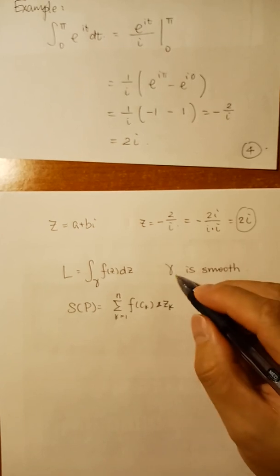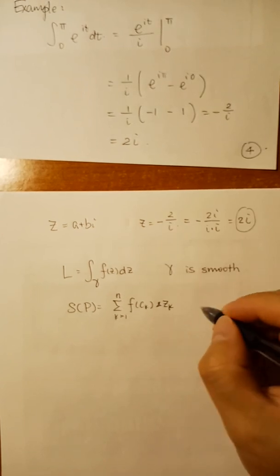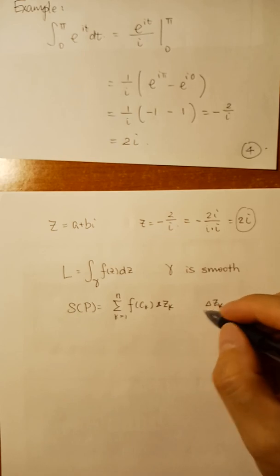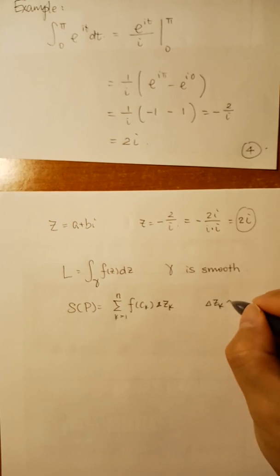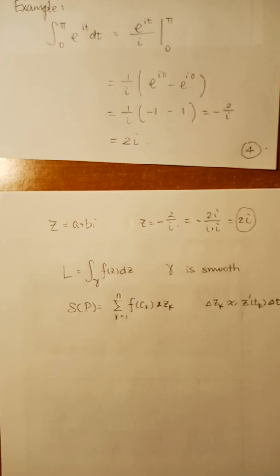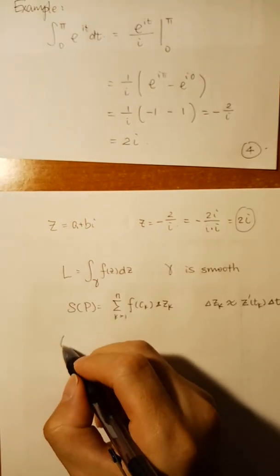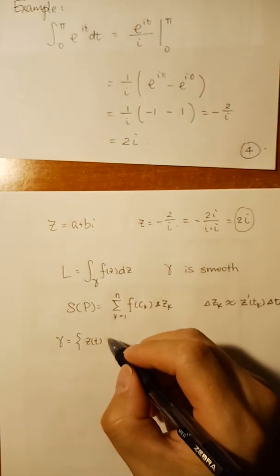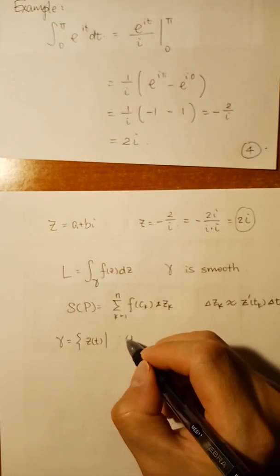If we have a smooth curve, then the difference delta z_k is almost the derivative at a certain point times the difference of t, because we consider gamma as z(t), with t between a and b.